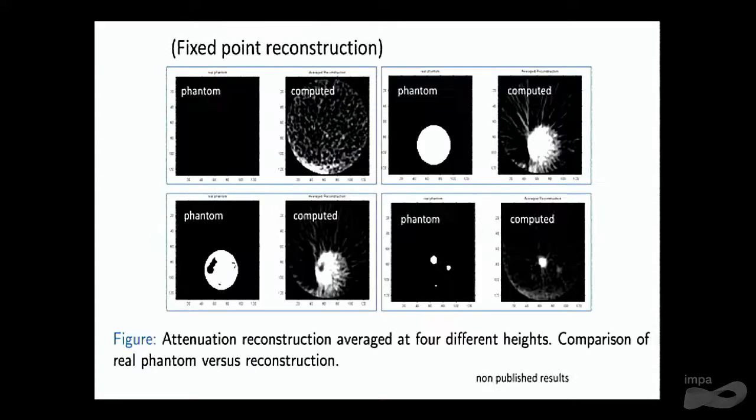This is the phantom. At some moment you are just cutting the cylinder, and this is the computed result. At some level you are cutting the cylinder and one scatterer, and at some point you are cutting just the scatterers.